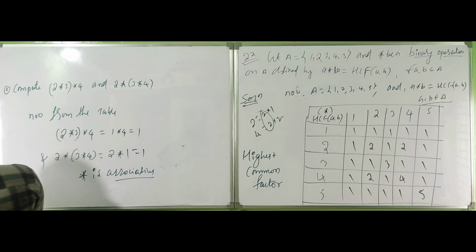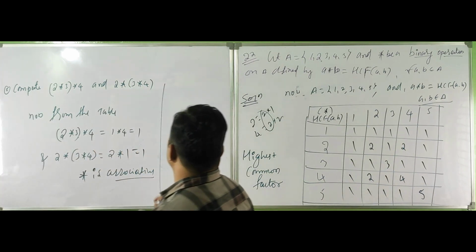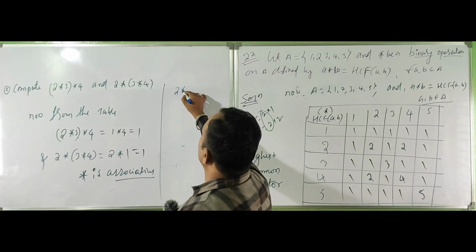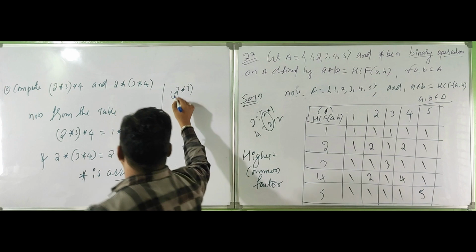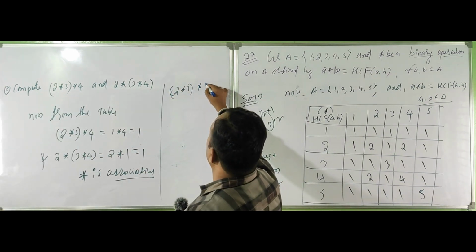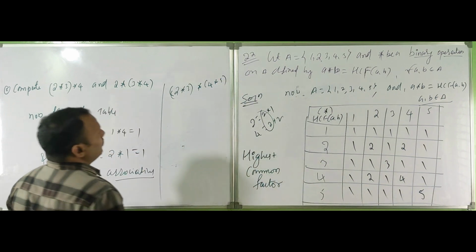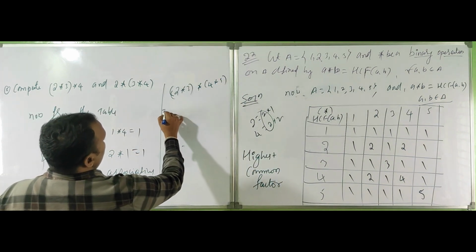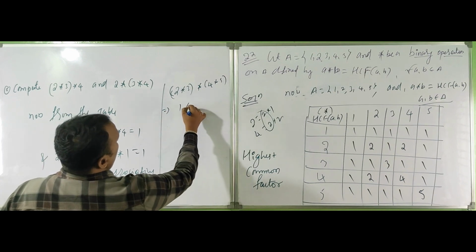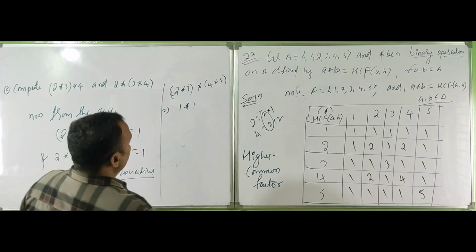Next, compute 2 star 3 and 4 star 5. We have 2 star 3 is 1 and 4 star 5 is 1, and 1 star 1 is 1.